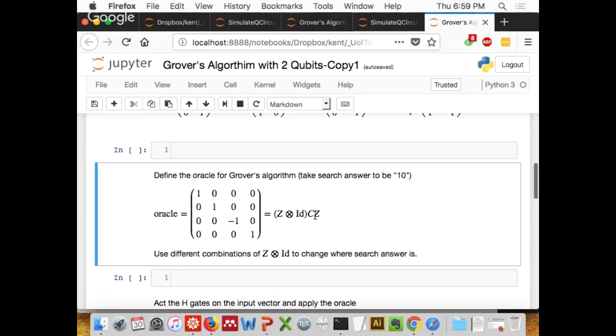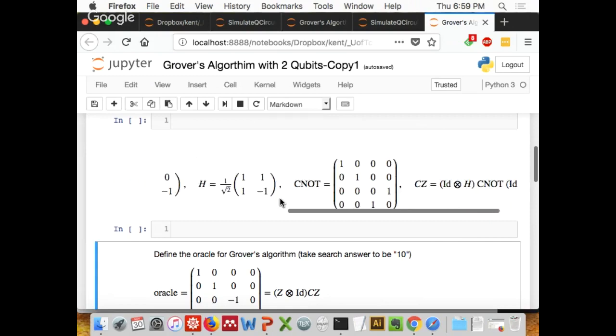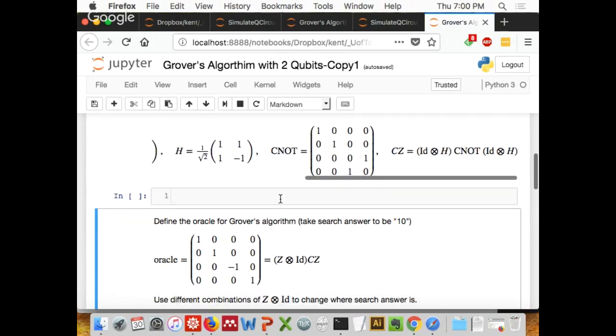But I've told you it looks like a CZ, which is something I didn't define until here. The Oracle matrix is going to be a few gates. If we're saying the rabbit is going to be here, then we want to first do the Z gate with the identity, and then we want to do all these gates after it.